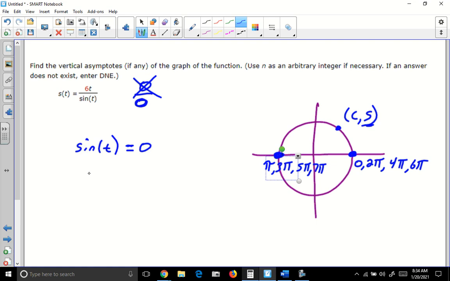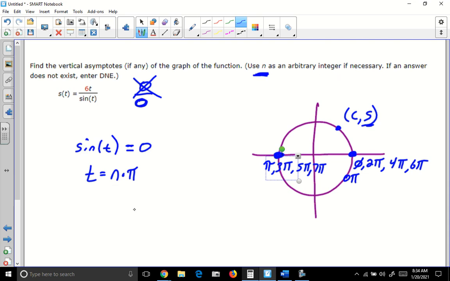So as long as our input is a multiple of pi, we could call 0, 0 pi. So 0, 1, 2, 3, 4, 5, 6, 7, negative 1, negative 2, negative 3. As long as it's some integer times pi, when we take sine of a multiple of pi, we always get 0. They say use n as an arbitrary integer if necessary.